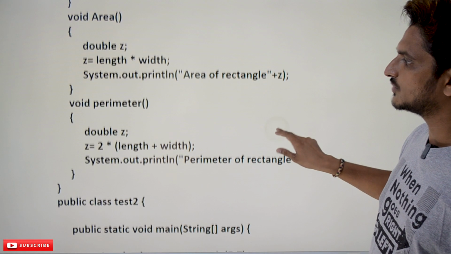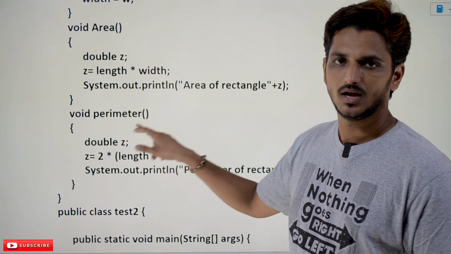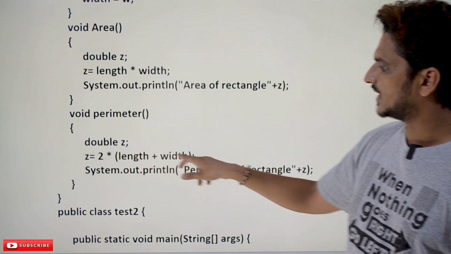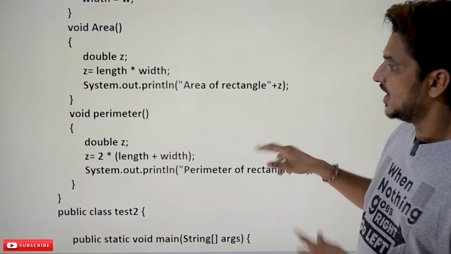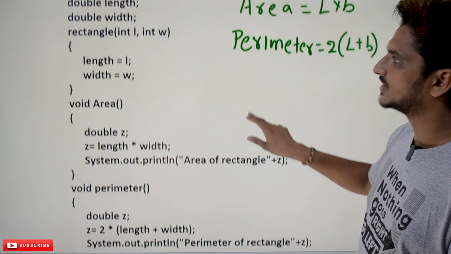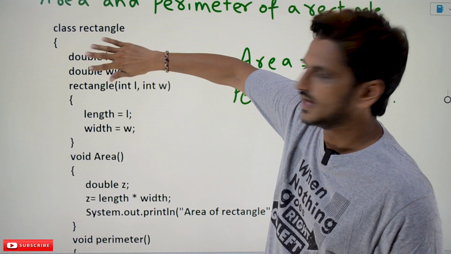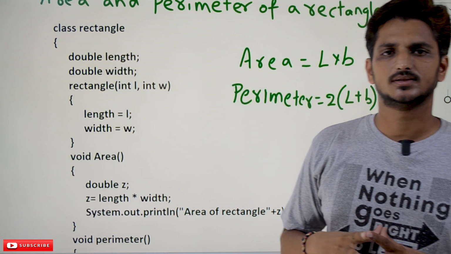Similarly, one more method, void perimeterOf: z is equal to 2 multiplied by length plus width, and it displays the perimeter of the rectangle as z. Both the methods are using length and width. That's why we defined them as instance variables.